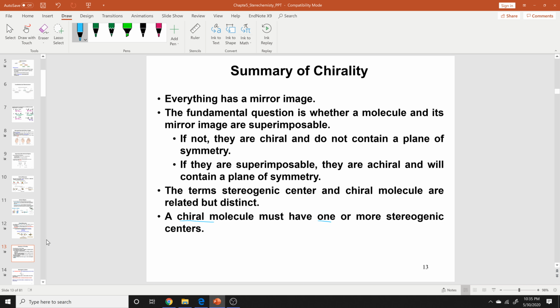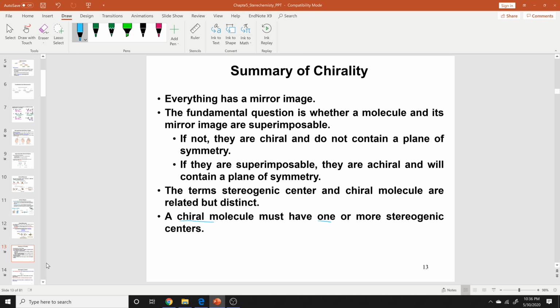If the molecule has one or more chiral centers, then there's a possibility for this molecule to have a mirror image. And if it does, then the molecule and the mirror image are going to be called enantiomers. This is going to be a chiral molecule. Normally, chiral molecules don't align with each other. So the molecule and the mirror image are non-superimposable.